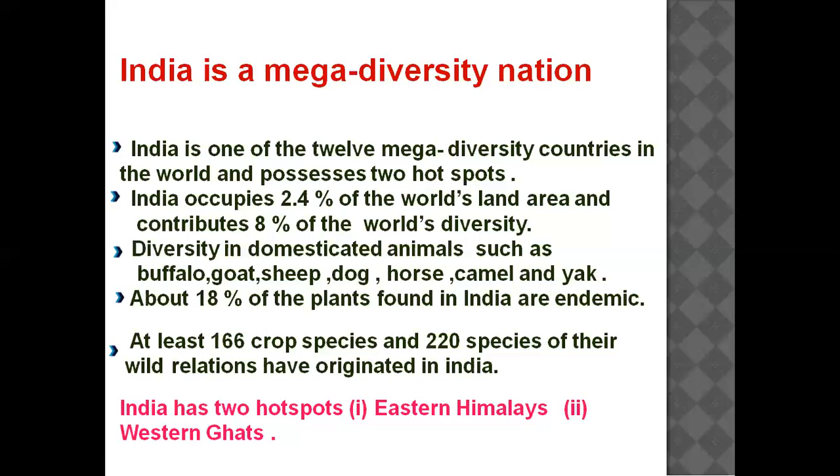After 70 million years ago, this landmass got divided into two continents: the northern continent, known as Laurasia, and the southern continent, known as Gondwana land. Our India was a part of Gondwana land, which also comprised Africa, Antarctica, and Australia.